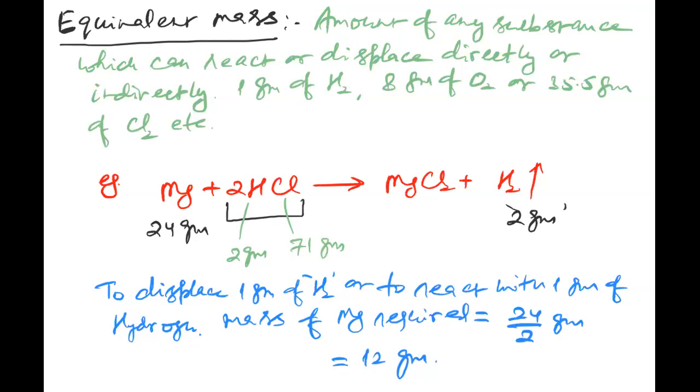So as per the definition of equivalent mass, can we say the equivalent mass of magnesium is the mass which can displace 1 gram of hydrogen or which can react with 1 gram of hydrogen? So it is the same as the equivalent mass of magnesium, which comes out to be 12 gram.